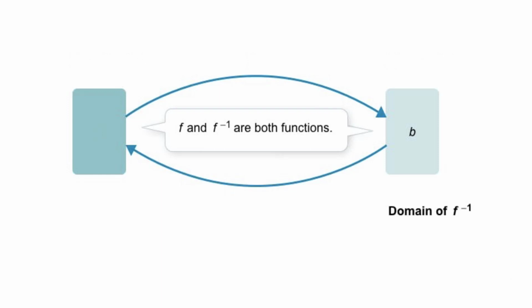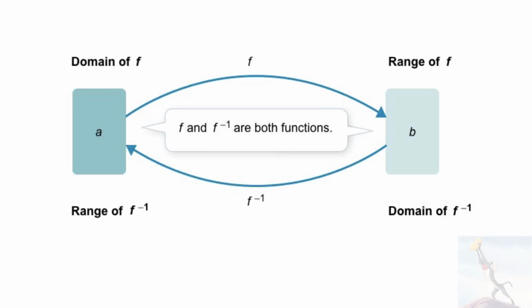So b now becomes a domain value of f inverse, so an input into the inverse function, f inverse. The function rule of f inverse gets applied to that input b and maps it back to a in the range of f inverse. That brings us back to where we began with a.